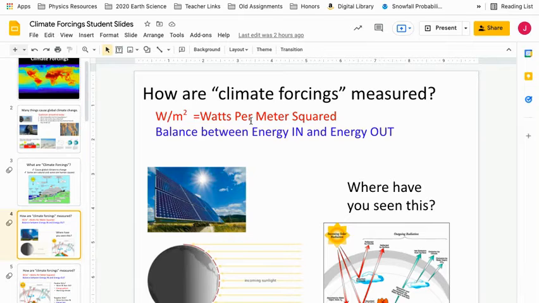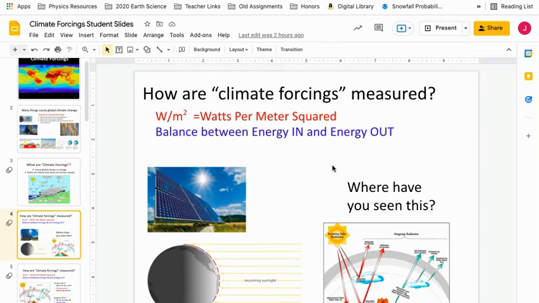And so right now we're balanced. The amount of energy in is equal to the amount of energy that is leaving. So obviously, the sun gives us energy in the form of radiation, and then the Earth gives off radiation in the form of infrared radiation. And so the amount coming in is equal to the amount that is leaving. And there are things that we're doing that's altering that balance that we have going on right now.